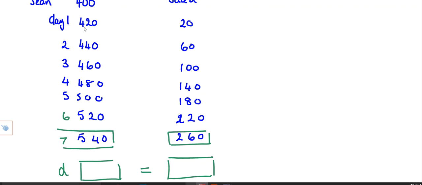So day one, Sean has 400 plus 20. Day two, Sean has 400 plus 40. I'm going to write 2 lots of 20.